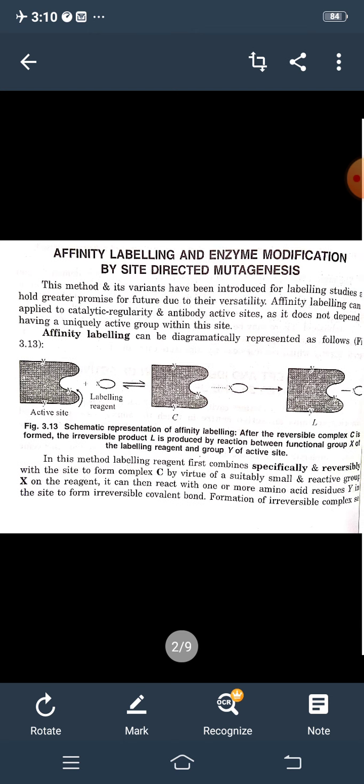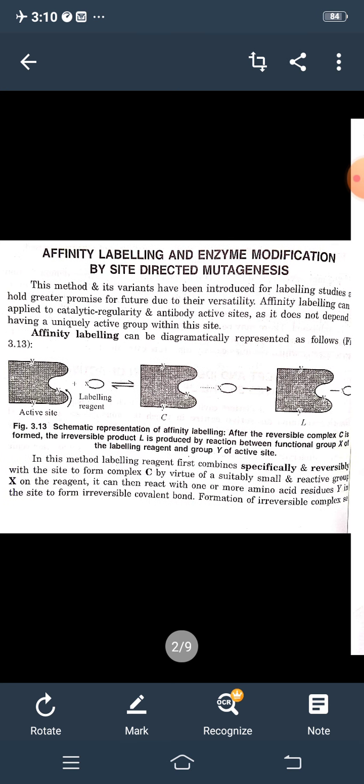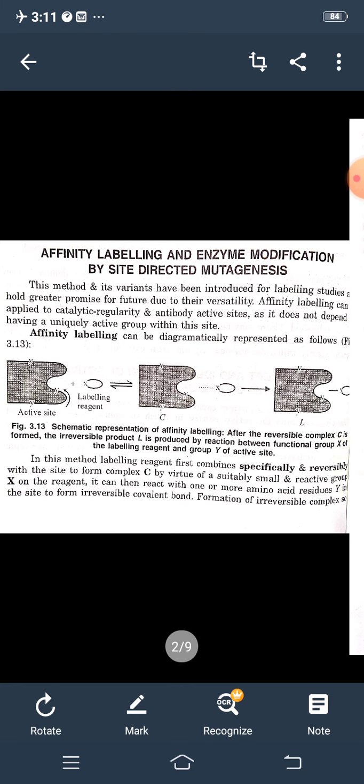This method and its variants have been introduced for labeling studies. They hold great promise for the future due to their versatility. Affinity labeling can be applied to catalytic or regulatory and antibody active sites, as it does not depend on having a uniquely reactive group within the site.